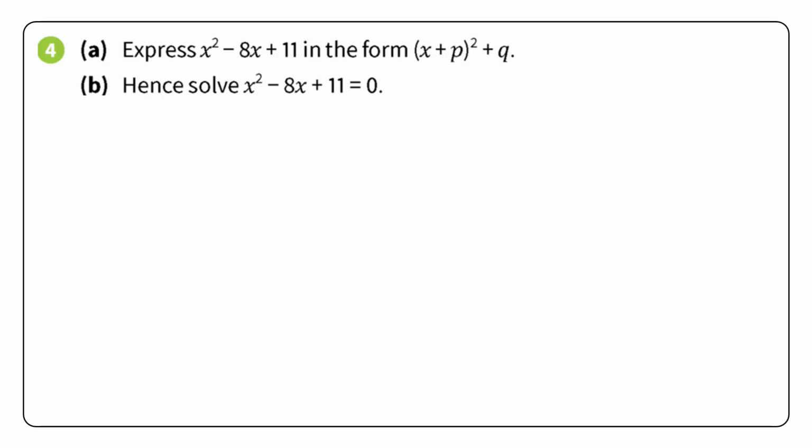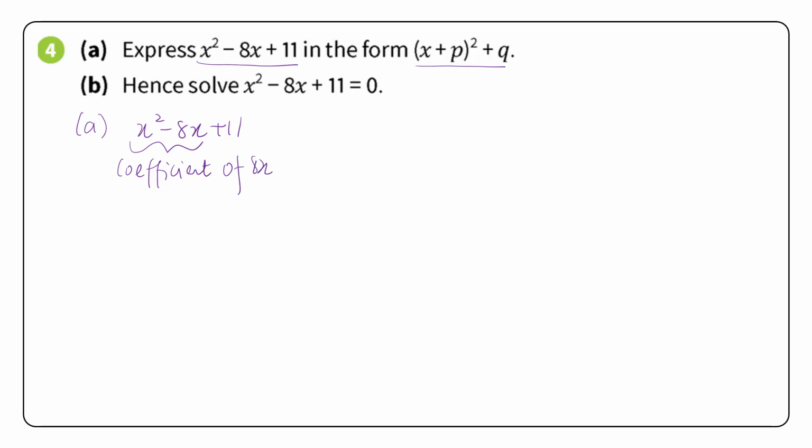Right, let's practice doing similar questions to the earlier one. So we need to express this, factorize it, in this completed square format. We're going to complete the square only for the first two terms. So let's write down the coefficient of 8x.